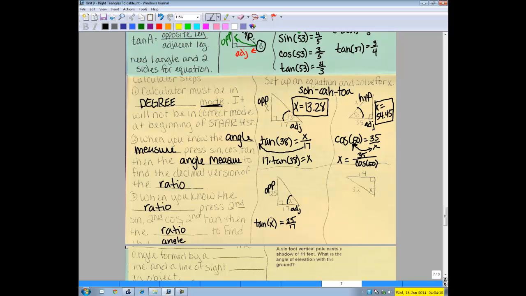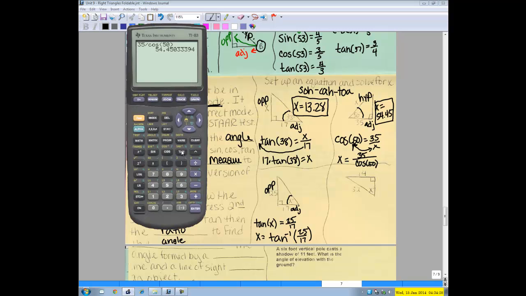To solve for this x, we are actually going to use this button in our calculator that looks like this. It's to the negative one. And in your parentheses, you're going to put 25 over 17. So if you look in your calculator, here's my tan button. Right above it, it says tan to the negative 1.